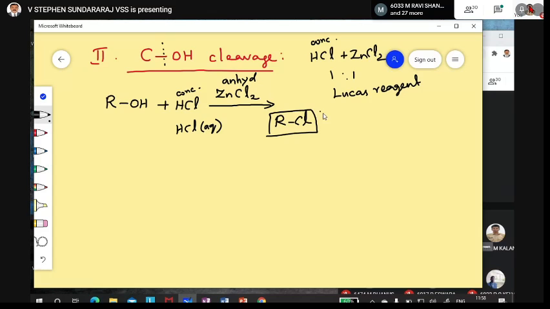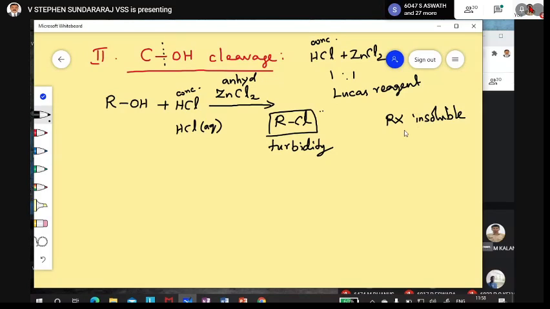But a white-colored turbidity will appear. Go back to the previous chapter, the physical properties: I told you alkyl halides are insoluble or sparingly soluble. Don't write 'less soluble'; sparingly means almost insoluble.